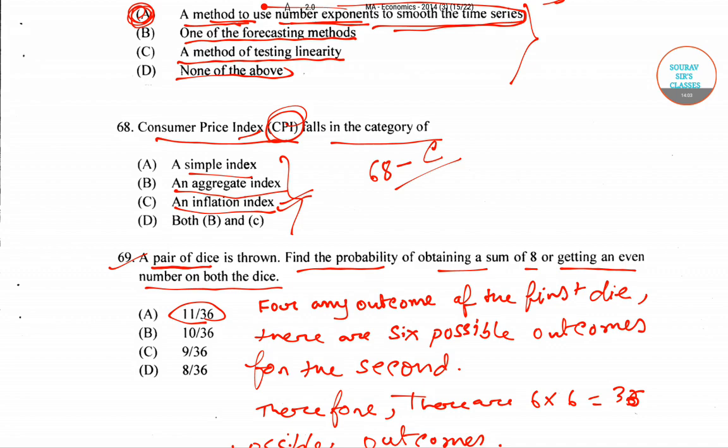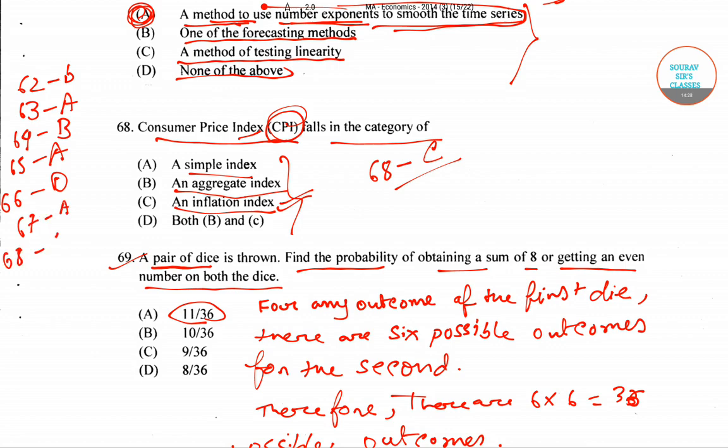Say for an example, we started with question number 62, for which we found the answer to be B. Then we went to question number 63, for which we found the answer to be A. Then we went to 64, for which we found it to be B. For 65 we found it to be A. For 66 we found it to be D. For 67 we found it to be A. For 68 we found it to be C. And finally 69 we found it to be A. So in today's video we solved 1, 2, 3, 4, 5, 6, 7, 8 questions from Hyderabad Central University MA Economics 2014 paper.